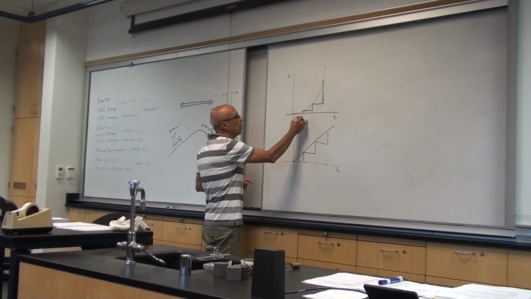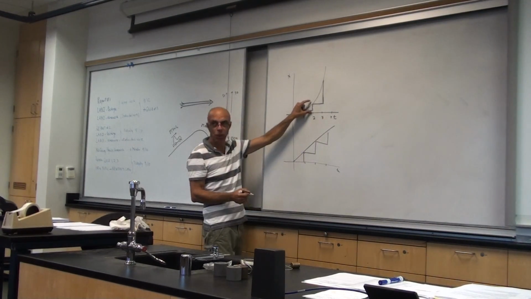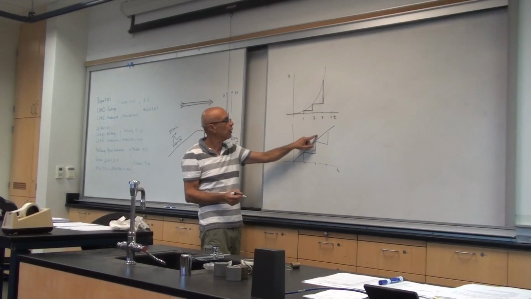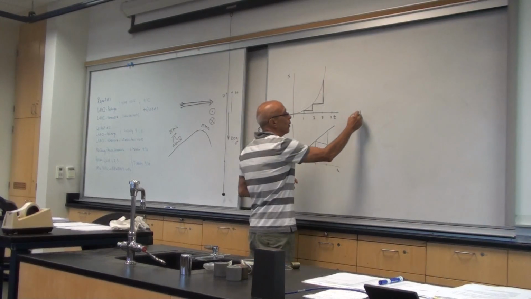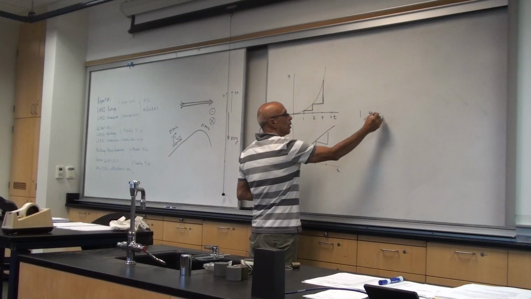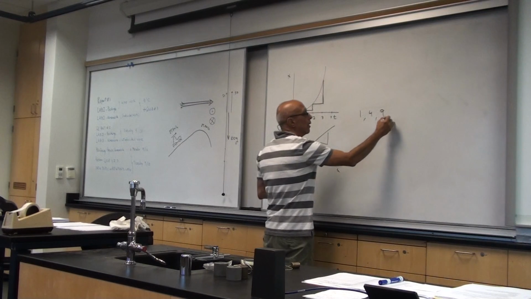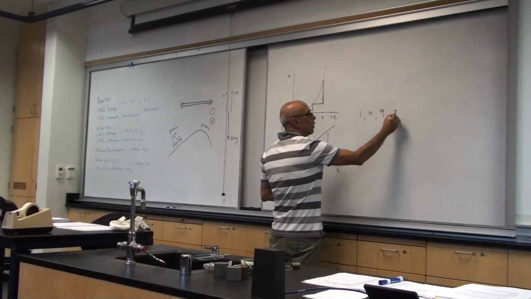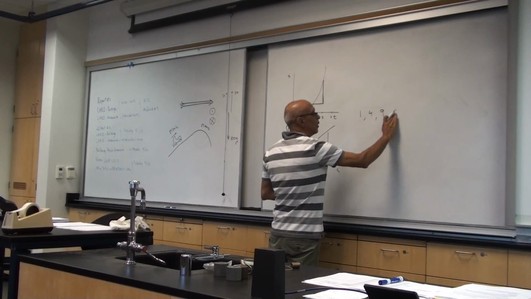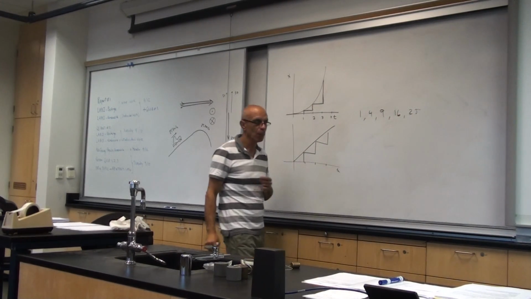Like this is 1, 2, 3, let's say 4, and this is changing with the square of time. So the first one is 1. The second is going to be what? 4. The third is going to be what? 9, right? And then the other one is going to be 16. And then 25, right?